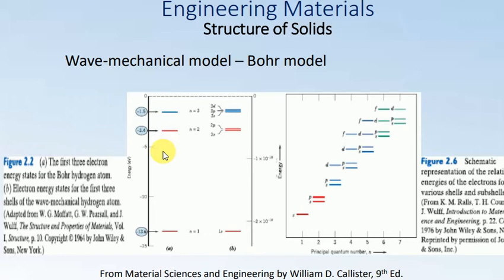If it moves to, for example, third orbit from first, or from second to first, or first to second, whatever it is, depends upon, of course, absorption and emission of energy. Wave mechanical model, however, as is shown in part B of figure 2.2, further splits these higher energy orbits or states into suborbitals or states.